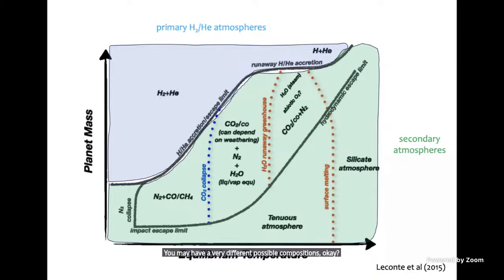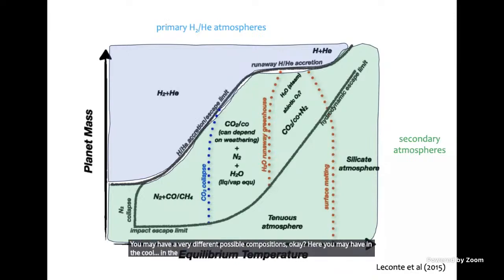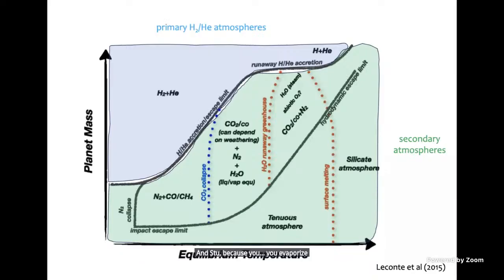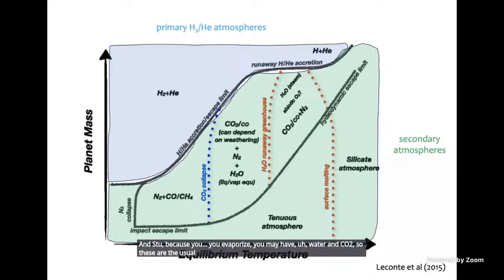On the cool side, you may have mainly molecular nitrogen or methane. When you go up in temperature, because you vaporize, you may have water and CO2. These are the usual suspects in secondary atmospheres.